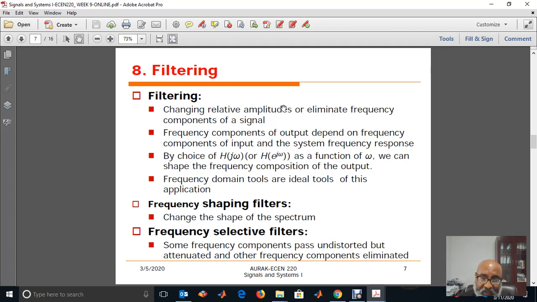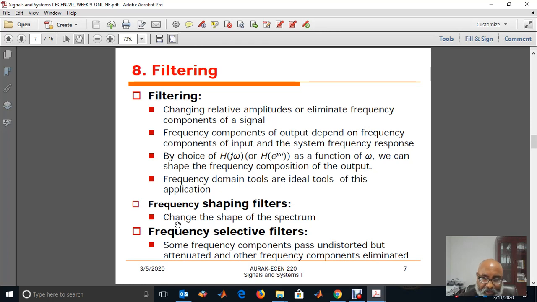Filtering means changing the relative amplitude of the input signal or eliminating frequency components of a signal when it comes out of the system. Okay, the frequency components of the output depend on the frequency components of the input and the system frequency response. We have two kinds of filters, frequency shaping filters and frequency selective filters.